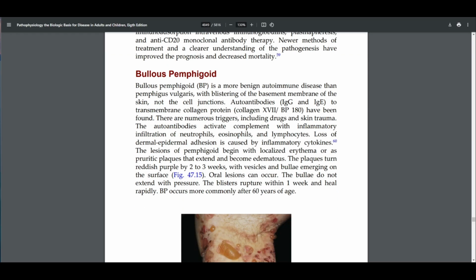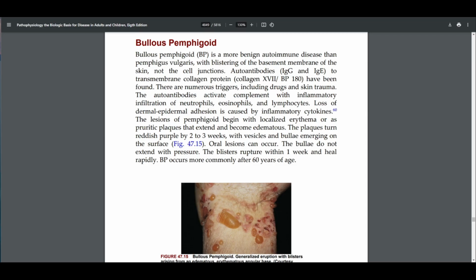Bullous pemphigoid. Bullous pemphigoid is a more benign autoimmune disease than pemphigus vulgaris, with blistering of the basement membrane of the skin, not the cell junction. Autoantibodies, your IgG and IgE, to transmembrane collagen proteins, your collagen 17 and BP180, have been found.